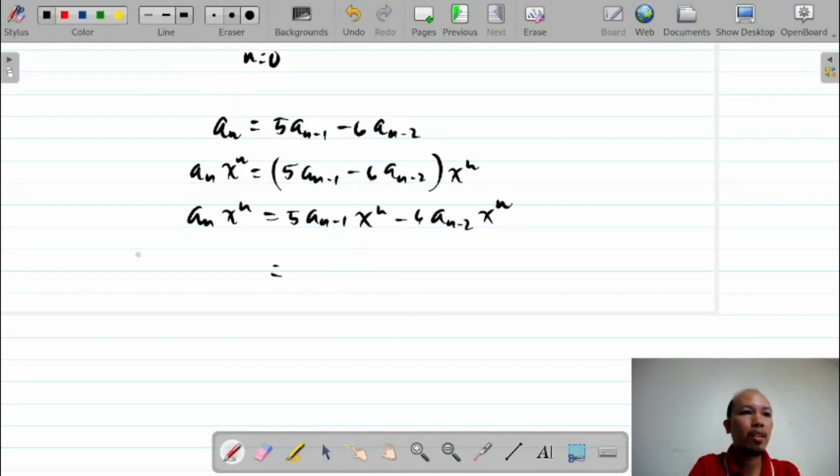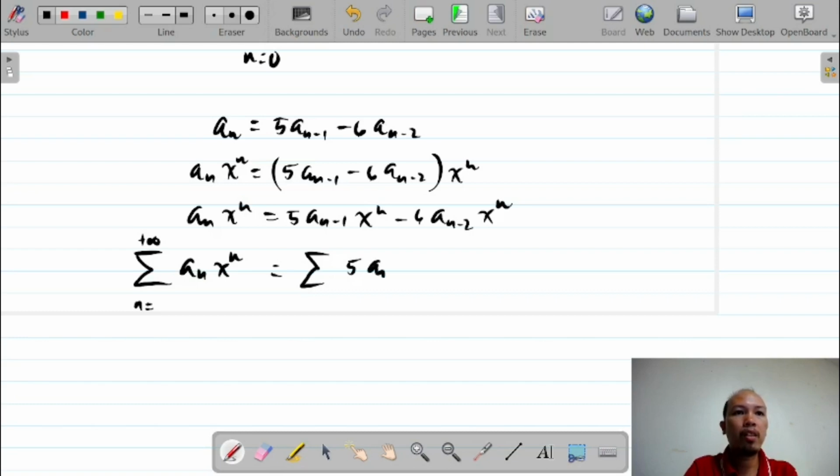So we have here summation of a sub n, x to the n. So n starts from, guess what should we do? 5 a sub n. Is it 0? We'll start at n is equal to 0. What will you do?